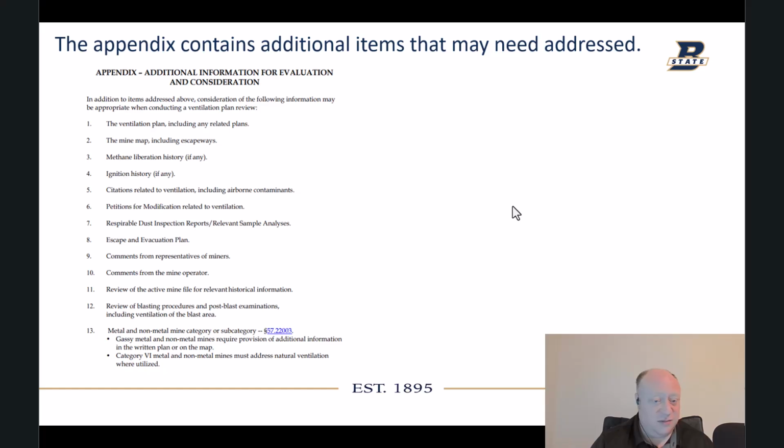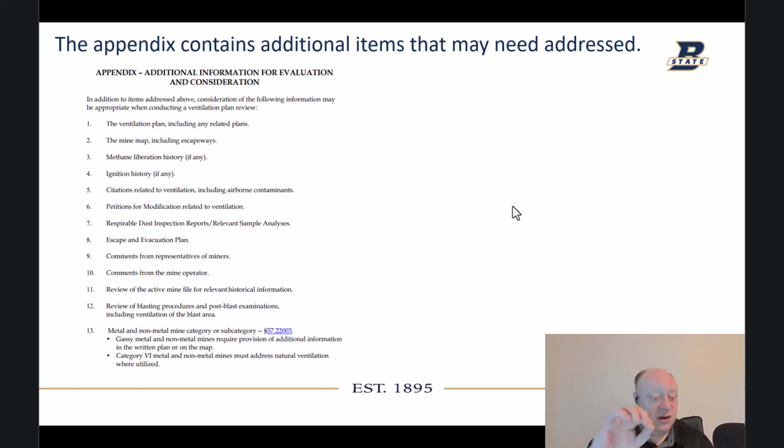Information, the ventilation plan, including any related plans, mine map, including escapeways. For like existing mines, right? Like what's your current plan, your methane liberation history, ignition history, any ventilation citations, petitions for modification.